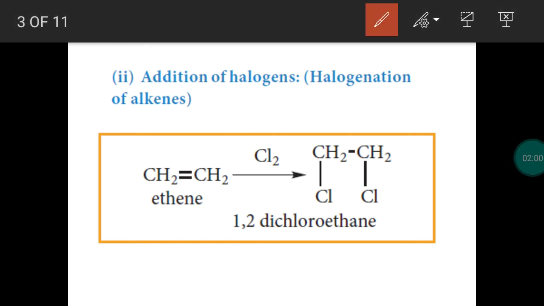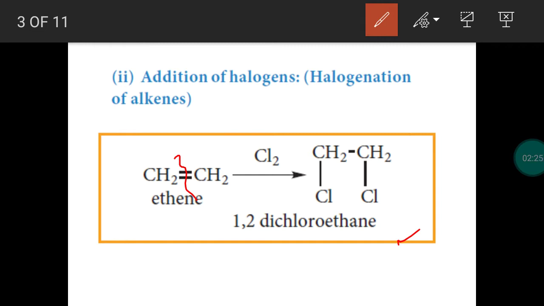Next, addition of halogens: chlorine, bromine or iodine. The halogens will be added to the alkene. As we expect, the double bond will be broken and we will get vicinal dihalides. When the halogen is added, it will attack the carbons of the double bond.